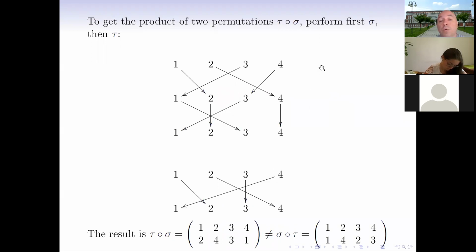But we can do this in the opposite order. So first perform sigma and then tau. And then the result will be tau composed with sigma: 1 to 2, 2 to 4, 3 to 3, 4 to 1. And this is not the same as the product in the opposite direction. So it means that the group of permutations for order 4 is not abelian.